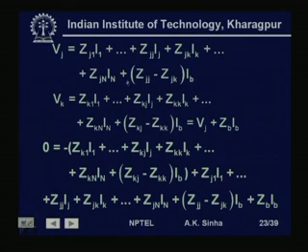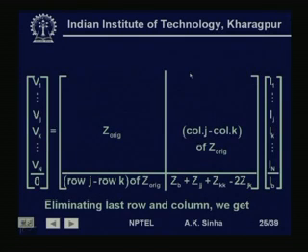That is, what we are getting is the jth column minus the kth column, multiplied by IB. So the n plus 1th term is the jth column minus the kth column of the original Z bus matrix.